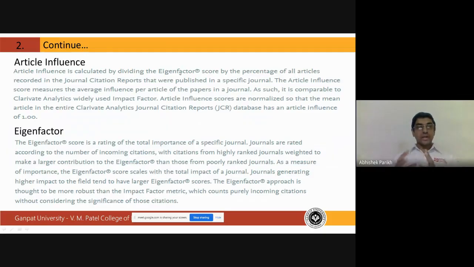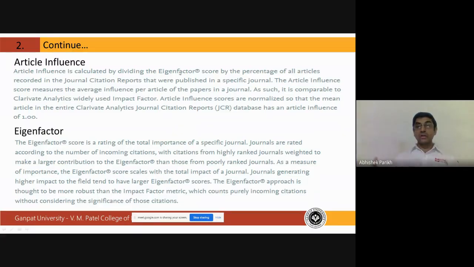Let's say, for example, you are writing one article, and your article is cited in the Journal of Finance, or your article is cited in the Indian Journal of Finance. Now both are from different categories, with different impact factors. The weightage of the citation which occurs in the Journal of Finance is of course more, more important, more quality.